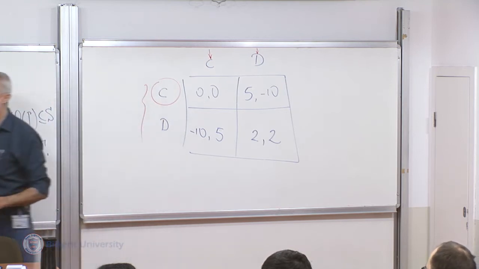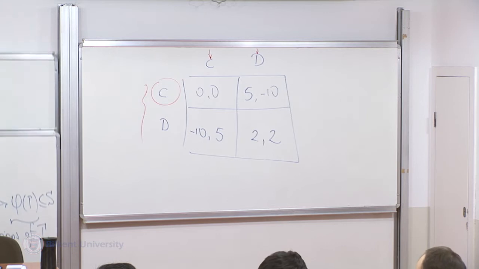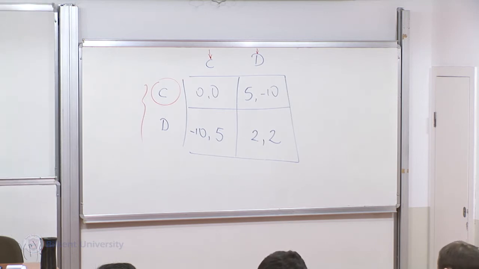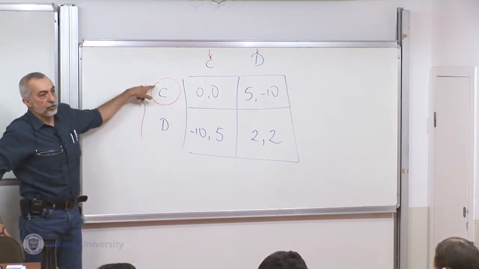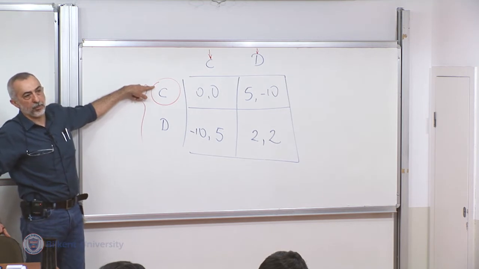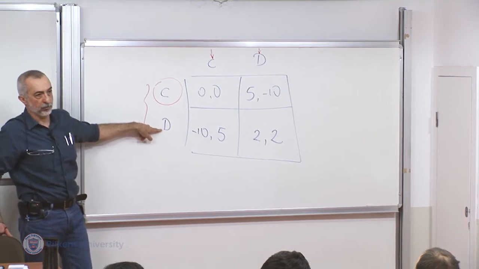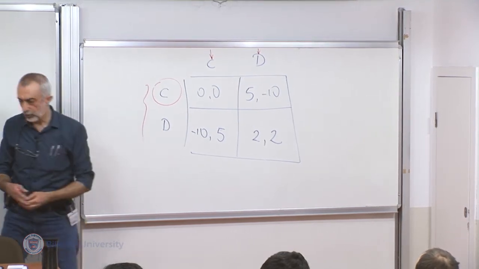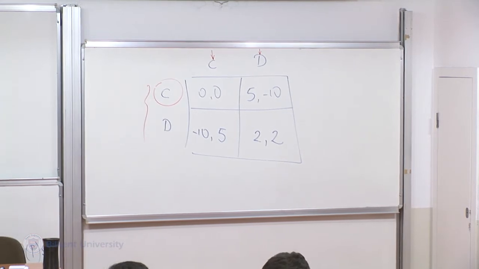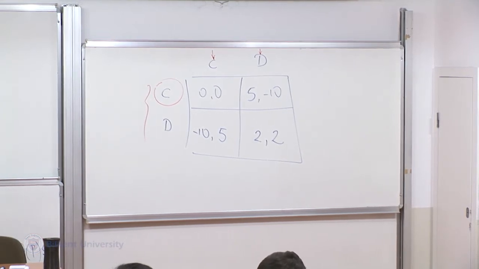This will be our first solution concept. So first, let's give a name to this. We will say that the strategy C of player 1 strictly dominates the strategy D of player 1 in this case. Okay? So let me give a formal description of that.